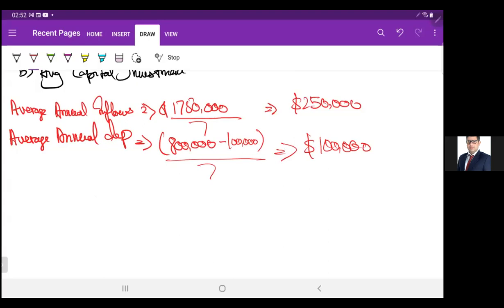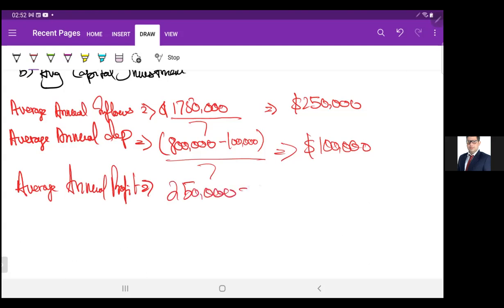Now, average annual profit is equal to 250,000 minus 100,000. We will get $150,000.